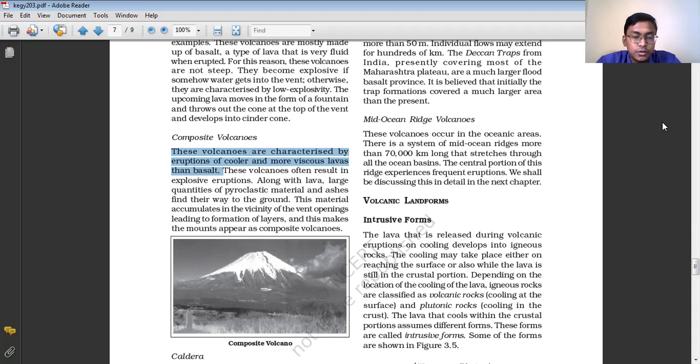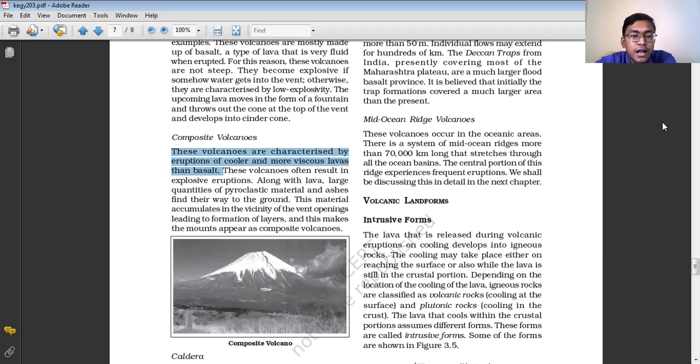So as these composite volcanoes are very explosive in nature, there are chances that they may cause earthquakes.